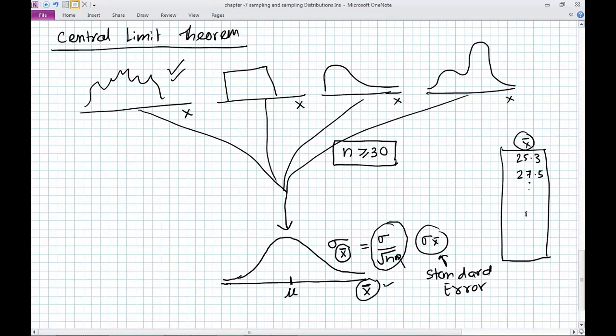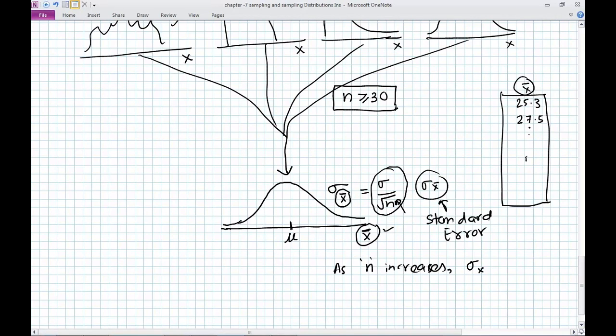Because n is in the denominator, as sample size increases, your standard error will come down. Your sigma of x bar reduces, which means the distribution becomes narrower, and basically our estimates become more and more accurate.